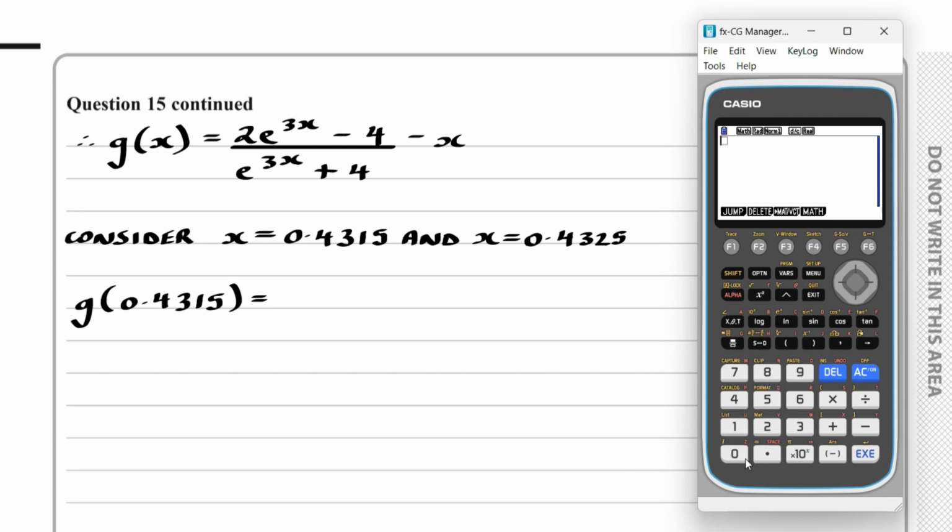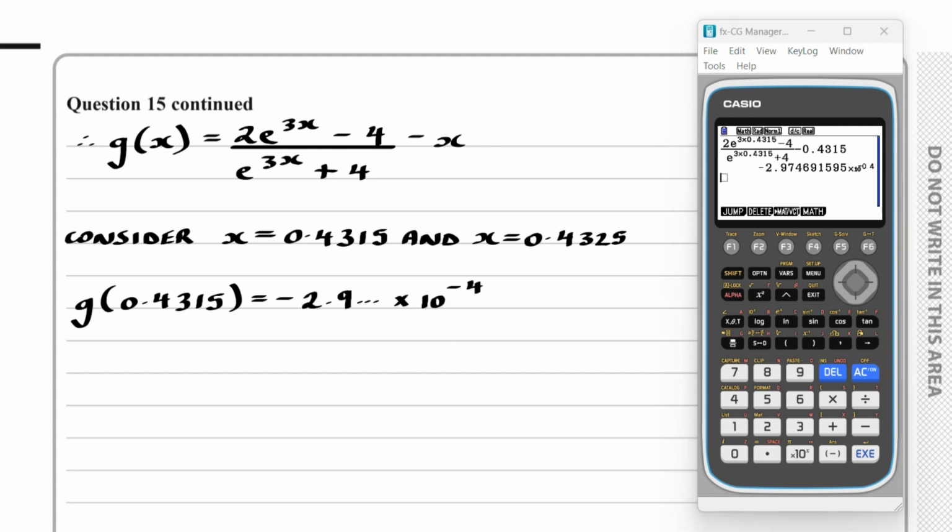What we have is 2 multiplied by e to the power of 3 times 0.4315 subtract 4 over e to the power of 3 times 0.4315 plus 4 subtract 0.4315.